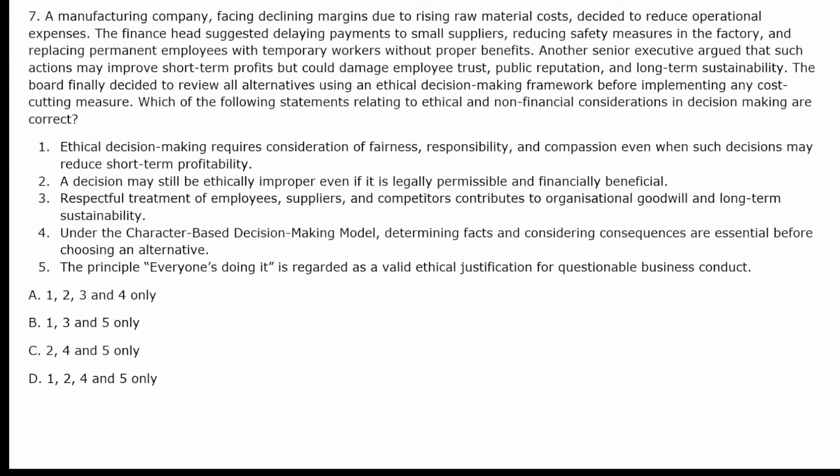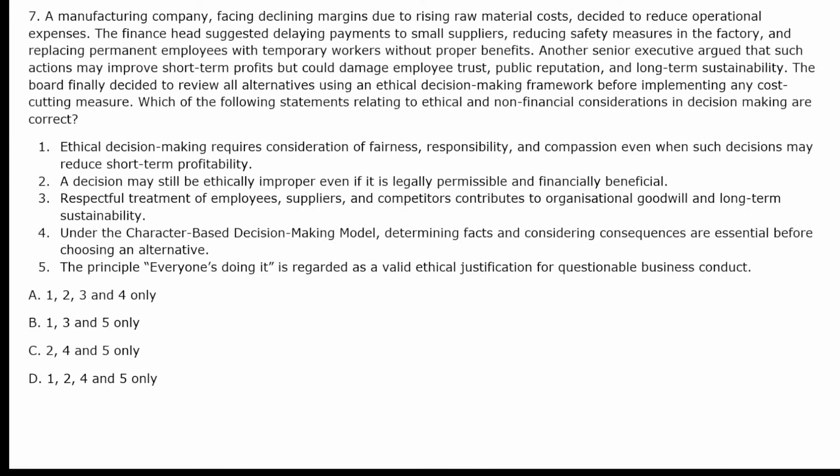Next. A manufacturing company facing declining margins due to rising raw material costs decided to reduce operational expenses. The finance head suggested delaying payments to small suppliers, reducing safety measures in the factory, and replacing permanent employees with temporary workers without proper benefits.